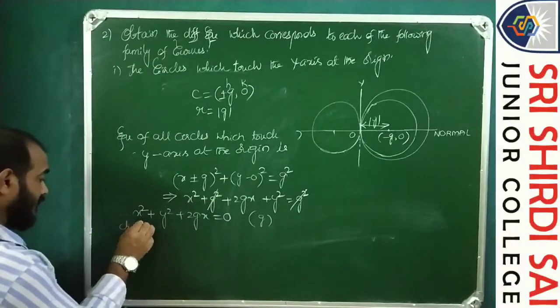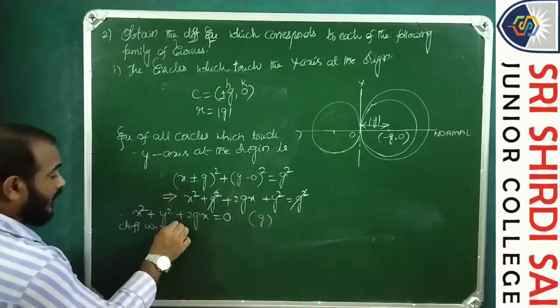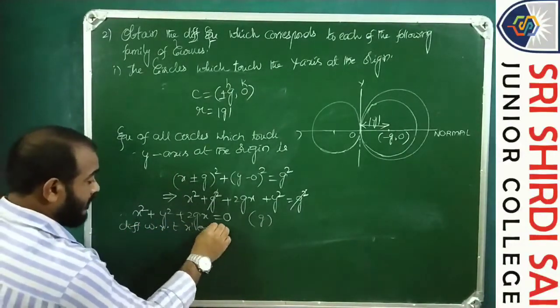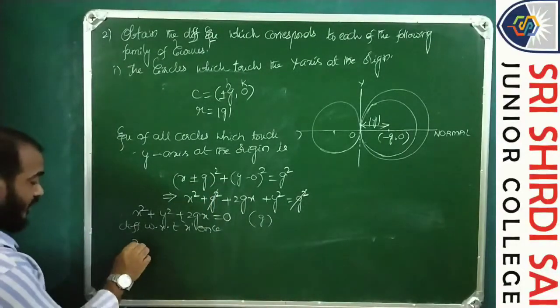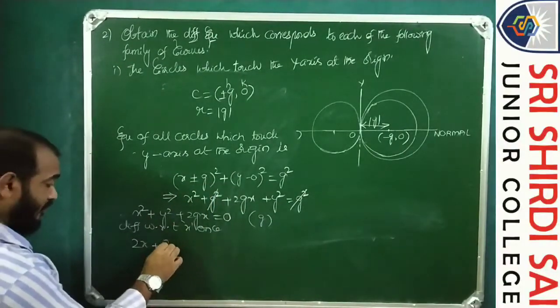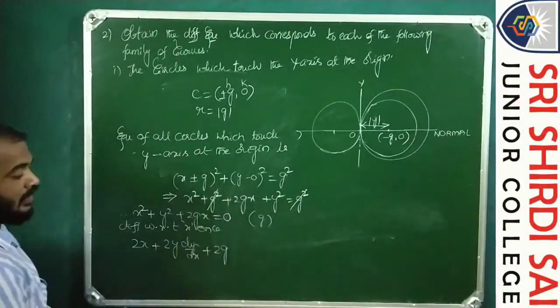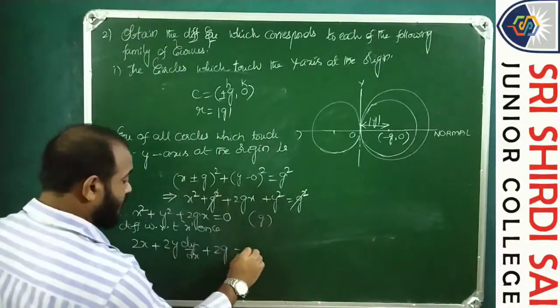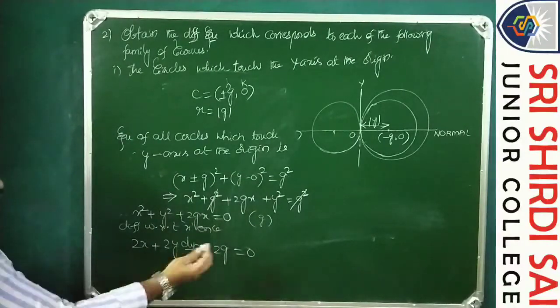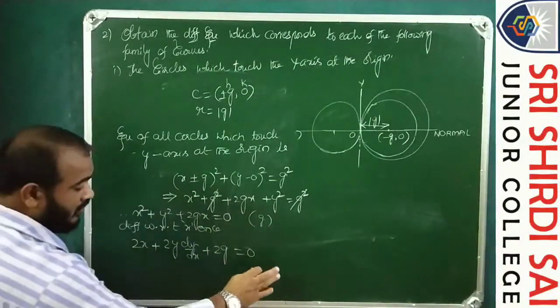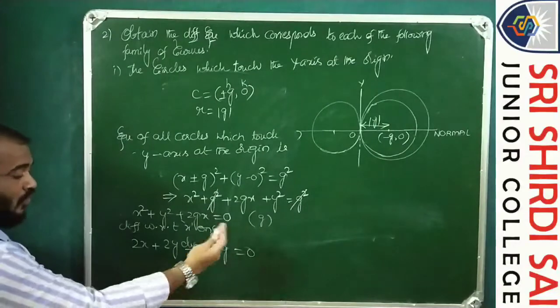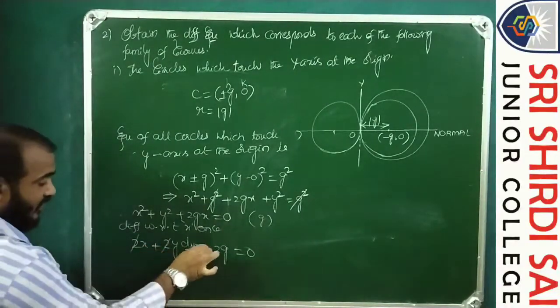Differentiating with respect to x once: the derivative of x square is 2x, of y square is 2y dy by dx, of 2gx is 2g, and this equals 0. If you take 2 as common and transpose to the other side, 0 by 2 is 0, so I have cancelled directly like this.